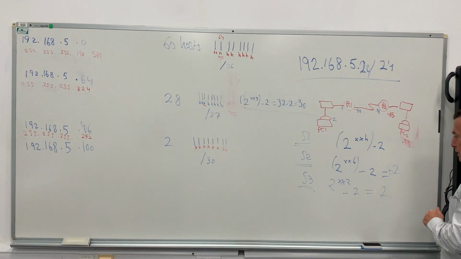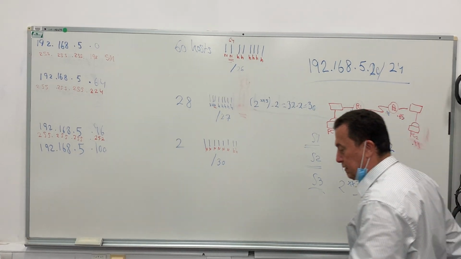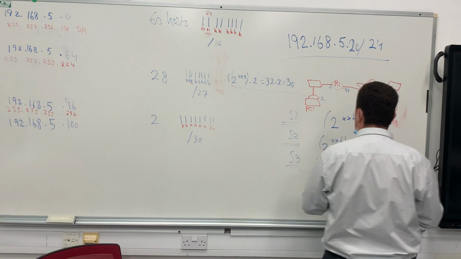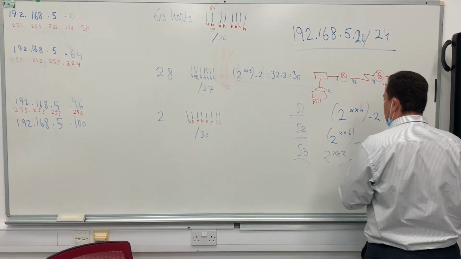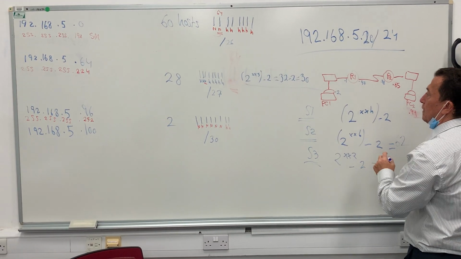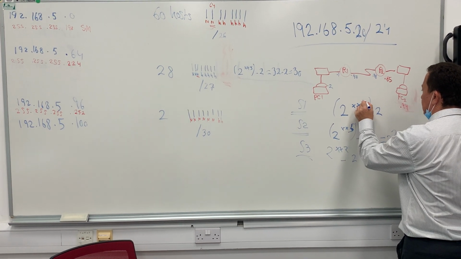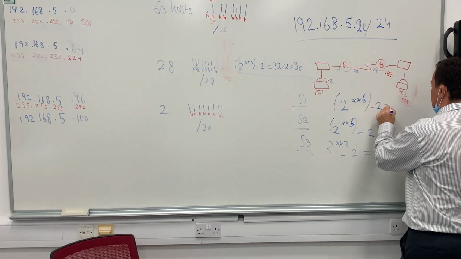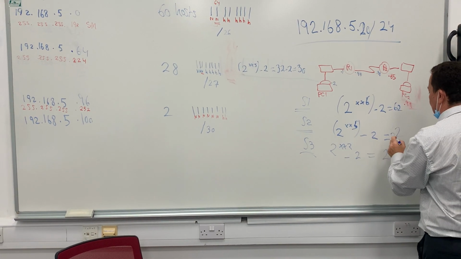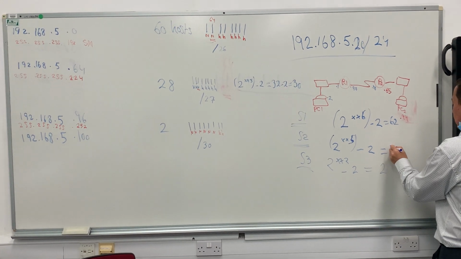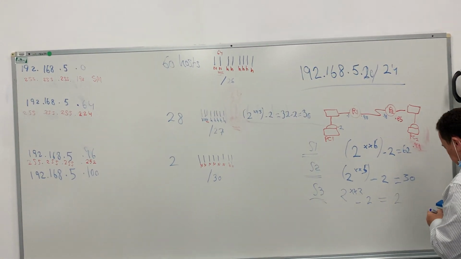I deducted this equation by mistake earlier. So for the second subnet, it is 2 to the power of 5 minus 2, which is 30.